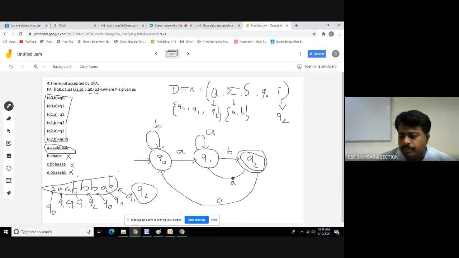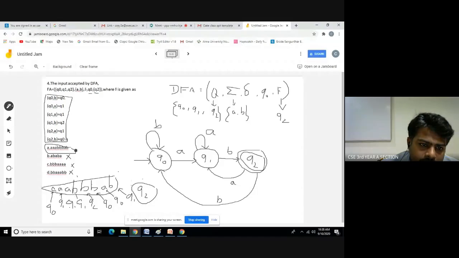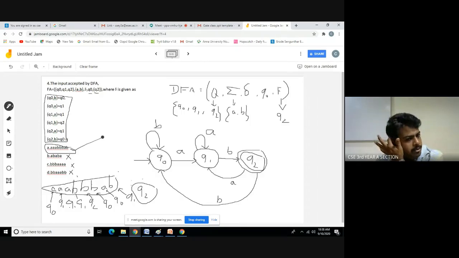Which one is the input accepted by the given DFA? AAABBBAB. So this is a valid input for the given automata.